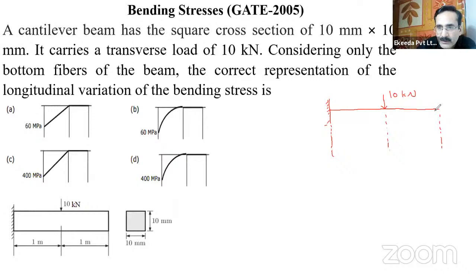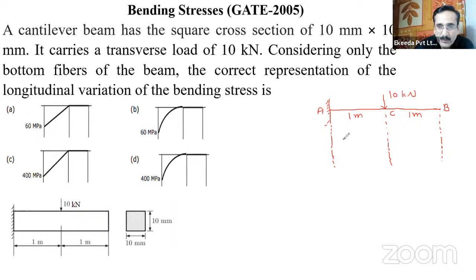The free end is free, and no load is there at this end, right? So suppose this is A, this is B, and this is C. And we have to draw the bending moment. Based on that, we can draw the bending stress variation, right? So the distances given to us are 1 meter and 1 meter.